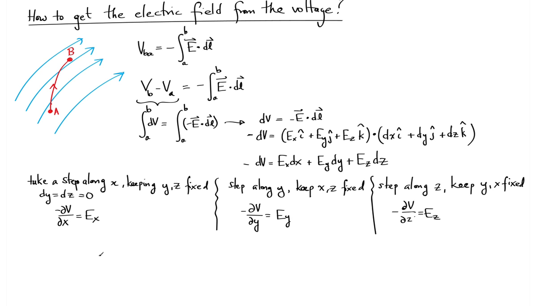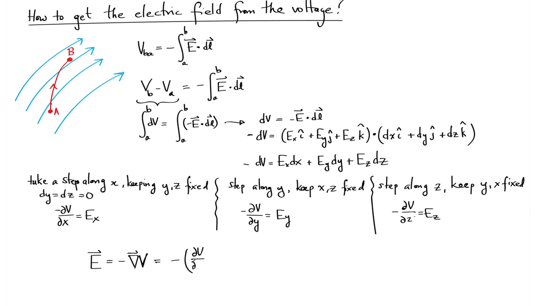And to write that in vector form, putting it all together, the electric field is equal to minus the gradient of V. So again, V is a scalar. The gradient operation is a vector operation. So when you do this vector operation on the scalar, you get a vector quantity. So it basically looks like this.